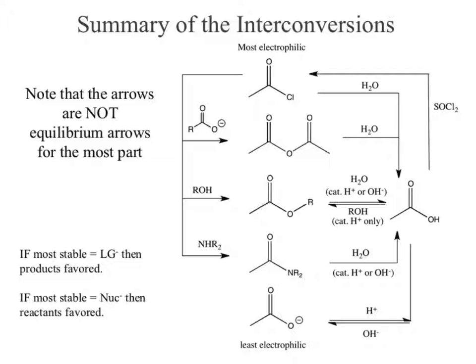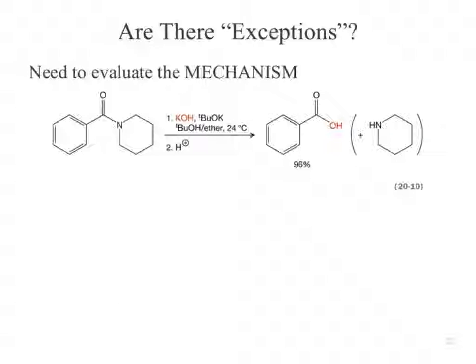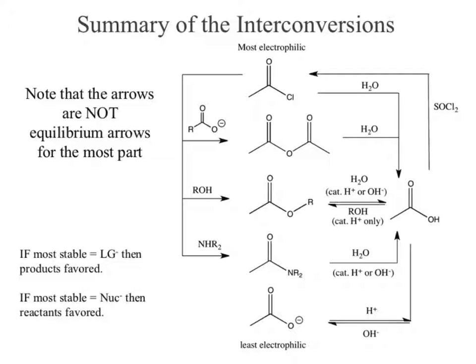Is this some weird exception? Right? If you want to just memorize the results, yes, it's now a weird exception for you to memorize. Or if we consider how the reaction works. Okay? Because this reaction is not actually going to the carboxylic acid, it's going to the carboxylate. The amide is actually going lower than it. Okay?